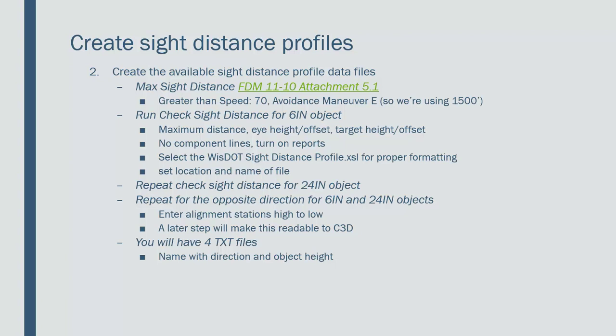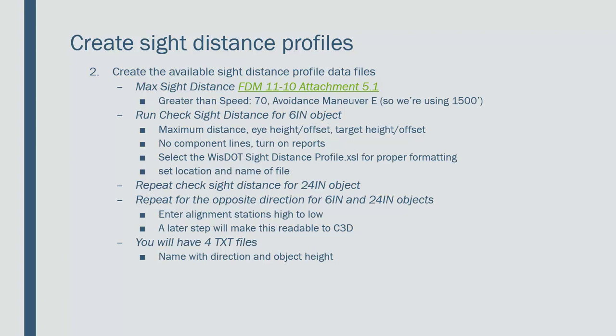The idea is that it has to be formatted in a certain way so that the profiles are created correctly. In particular, especially if we're going in the opposite direction, that's really where the formatting becomes important. And then we're going to set the location and the name of the file that we're creating, that TXT file that we're going to output and later use to our profiles.